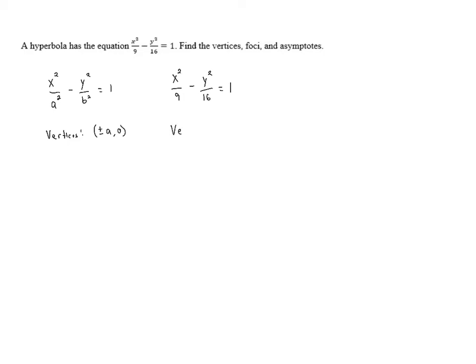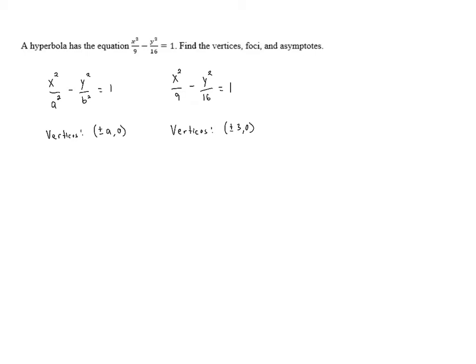And so here, the vertices will be at plus or minus 3, comma, 0. Because it's the x squared term that's positive, we know that this is a hyperbola that's opening horizontally, meaning to the left and to the right. And so we end up with our vertices on the x-axis instead of the y-axis. So those are the vertices.